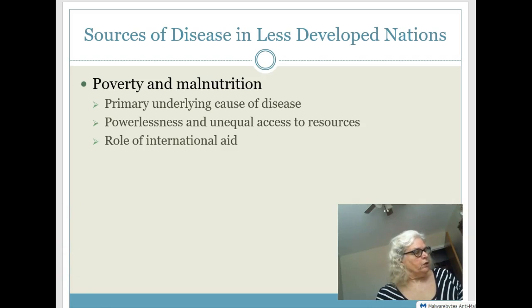Chronic malnutrition, not enough food, not the right types of food, leads to some serious problems. And we already know of vitamin deficiencies that come into place that affect formation and exposure within that. And it's a primary underlying cause of disease as we see children affected by that.